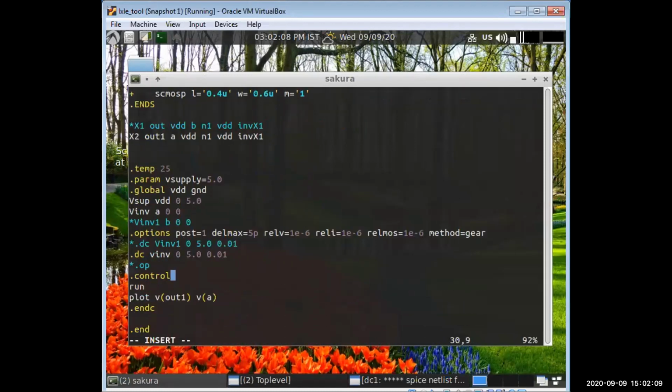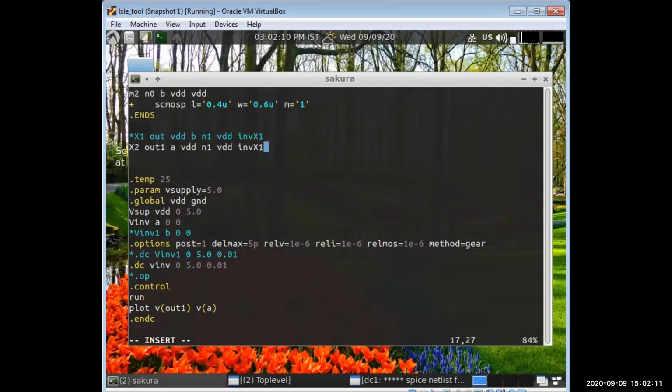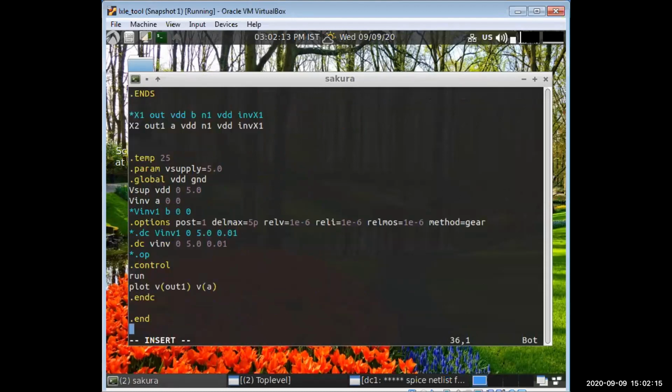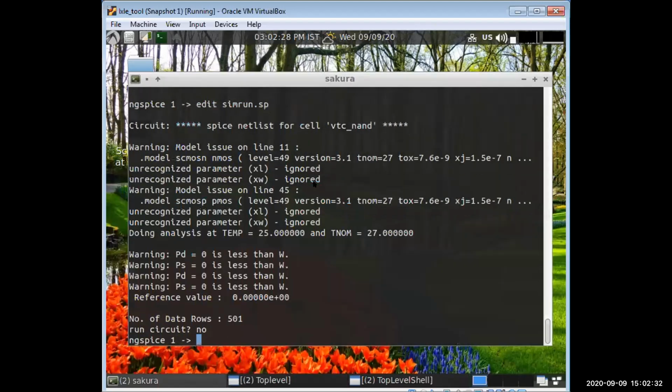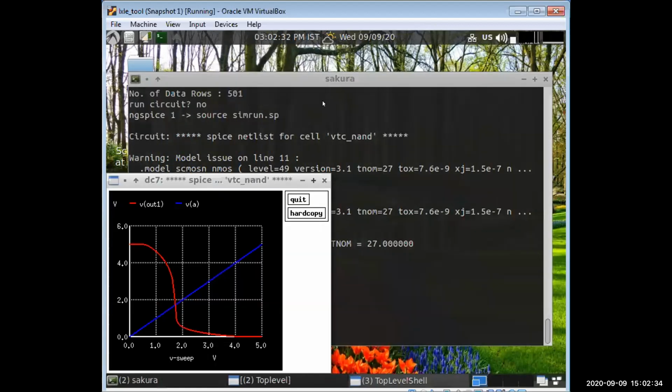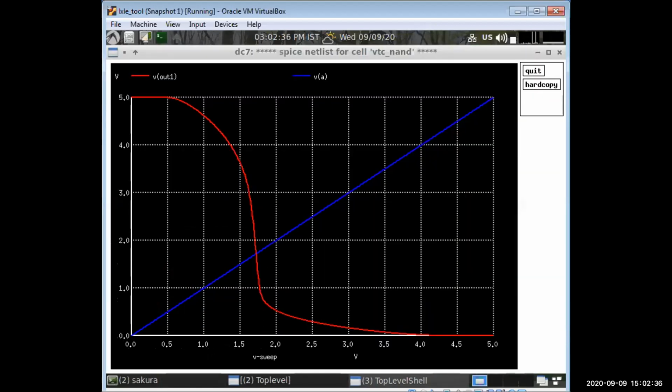Everything is the same. Now this case is where B is constant and A is sweeping. This is for when I am changing A and keeping B constant.